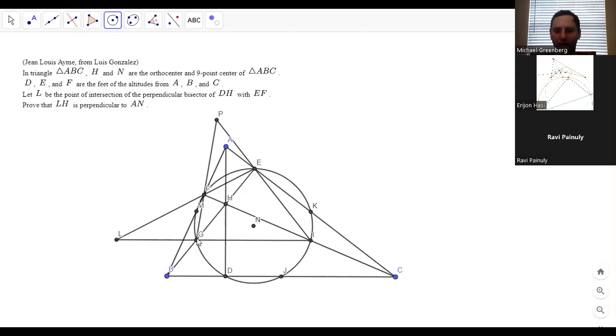So let's see. So we have MFEKIG. All right, so we found the same thing.